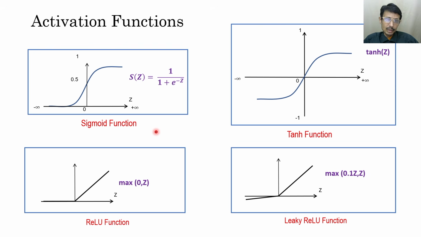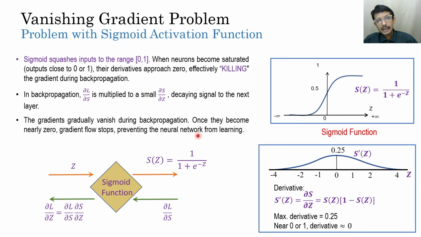Now we have to understand how to judiciously choose among these functions, so that this kind of vanishing gradient problem can be repaired to some extent. First, what is the problem with sigmoid nonlinearity in the case of vanishing gradient?